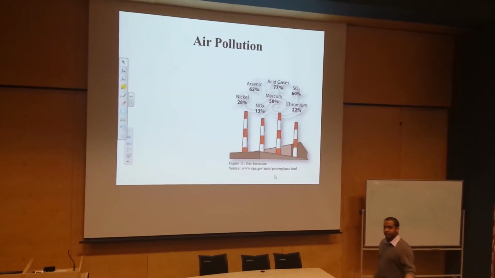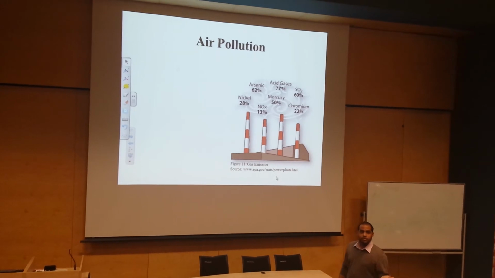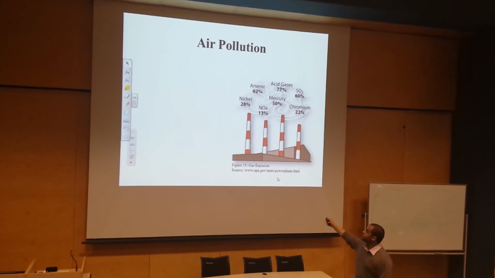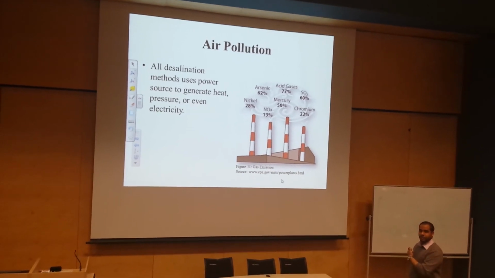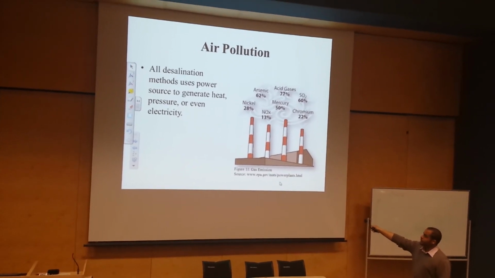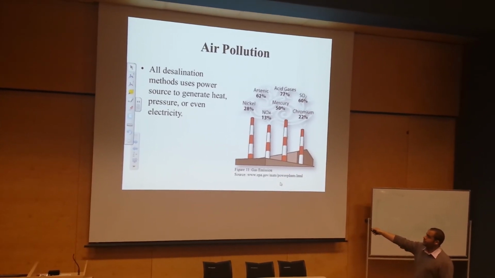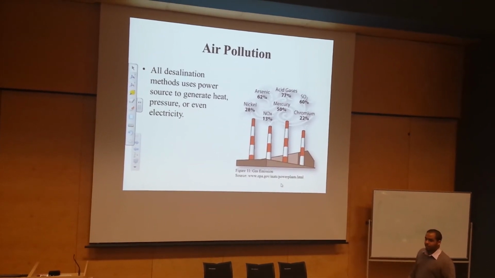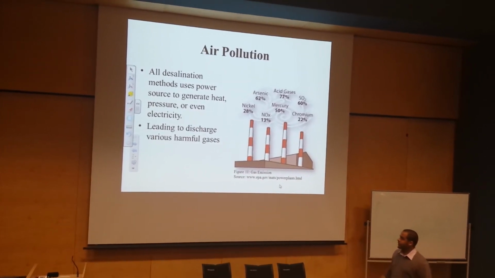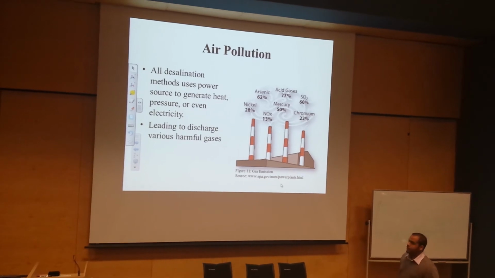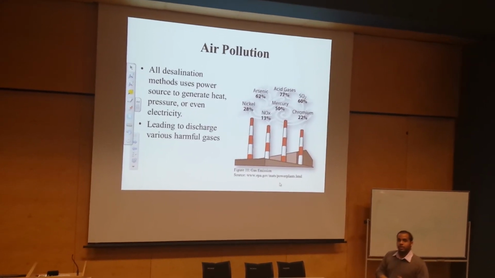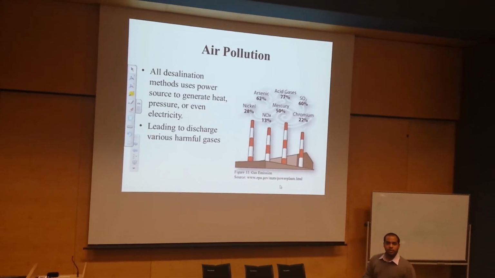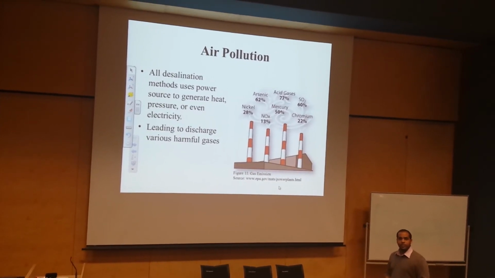Now, another threat to the environment is air pollution. All the desalination plants that we mentioned before use a power source like heat, pressure, or electricity. All the desalination plants discharge harmful gases to the environment, which will lead to serious respiratory problems or even increase global warming.